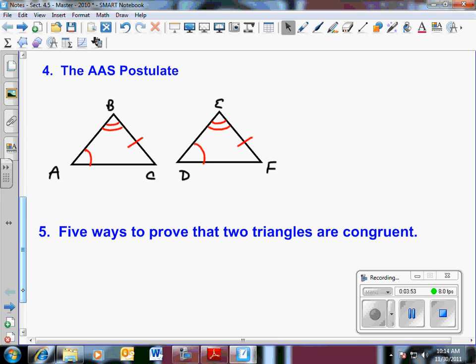Then I can say that triangle ABC is congruent to triangle, what is it now? DEF by AAS. What happens to the side now that's congruent to the other side? It's not the included side, right? Otherwise it'd be right here. Okay?